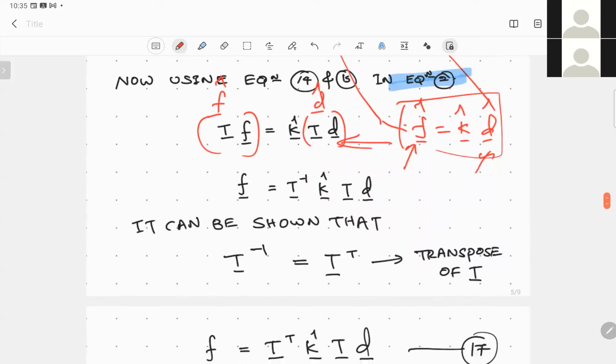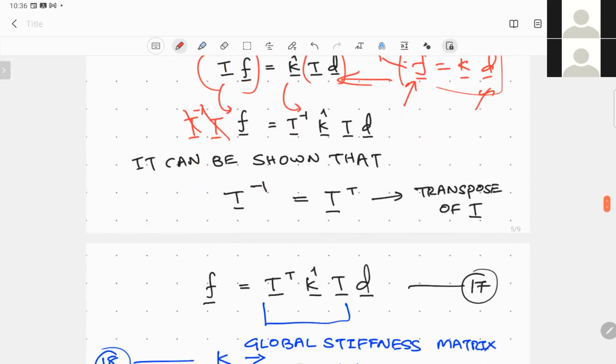So you take the inverse from the left-hand side, and of course on the right-hand side as well. If you multiply by T inverse, you end up with f on the left-hand side, and on the right-hand side you get T inverse multiplied by the rest of the terms.